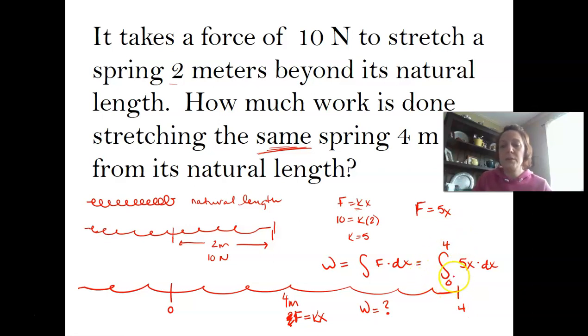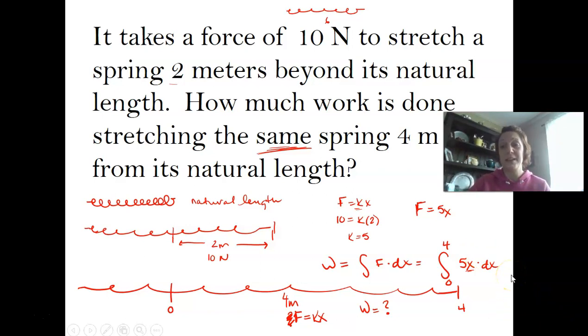Remember that these numbers on the limits of integration are referring to the amount of stretch, not the length that it is. So for example, if they said that the spring has a natural length of 6 and we're going to stretch it to 10, our x value is still going to be the amount of displacement from natural length, so we would still be integrating from 0 to 4.